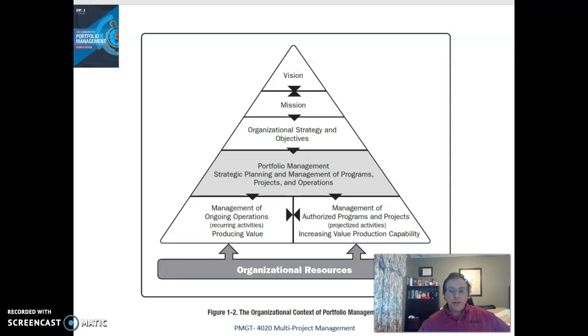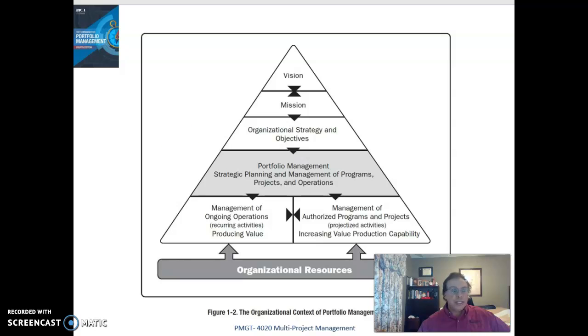Then, portfolio management kicks in and aligns the projects, programs, portfolios, and operations using strategic management and planning. Under portfolio management is the management of ongoing operations and the management of the projects and programs. All this is supported by organizational resources.